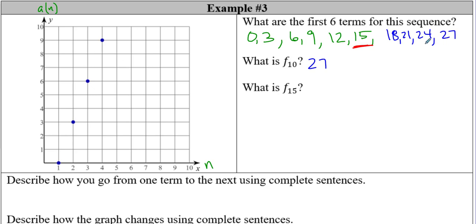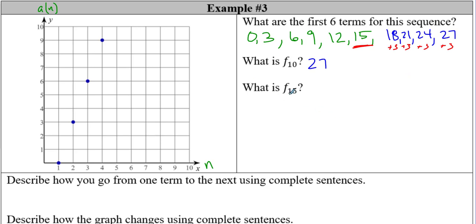And if we're adding 3 each time, this would be plus 3, plus 3, plus 3, and plus 3. So how could we figure that out in our head? Well, if we have 4 plus 3's, that is the same as 4 times 3. And 4 times 3 would be 12. And then we would simply add that to our last term. 15 plus 12 gives us that 27.